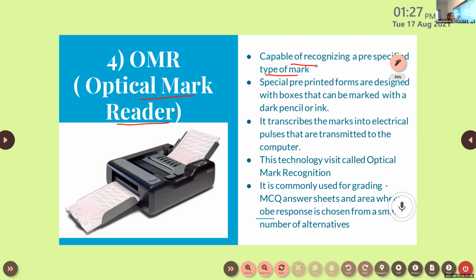Was your sheet corrected by your ma'am, or was it done using this? The OMR sheet is corrected by this machine. Is it done manually? No. That is why you are asked to bubble it properly. Special pre-printed forms are designed with boxes that can be marked with a dark pencil or ink. You are asked to bubble properly because it is detected by this OMR.